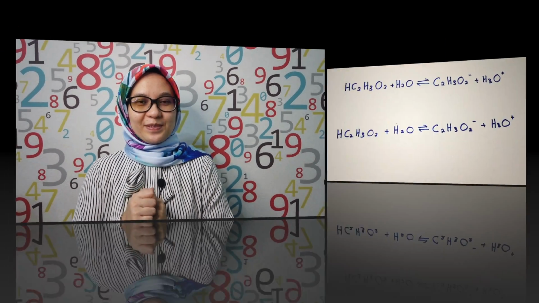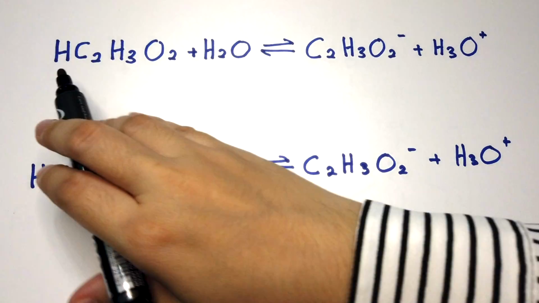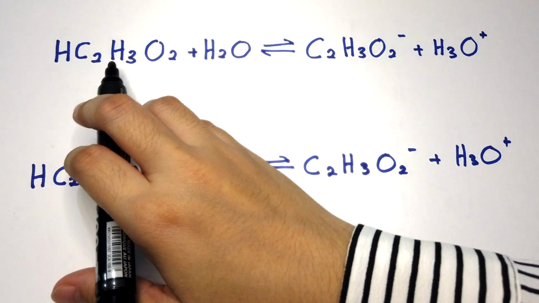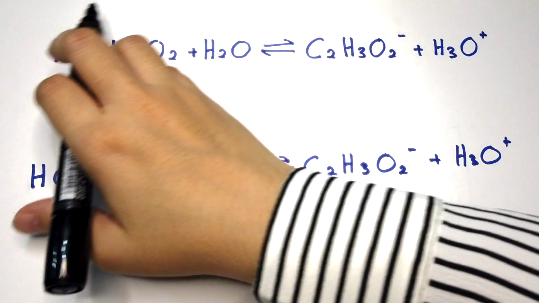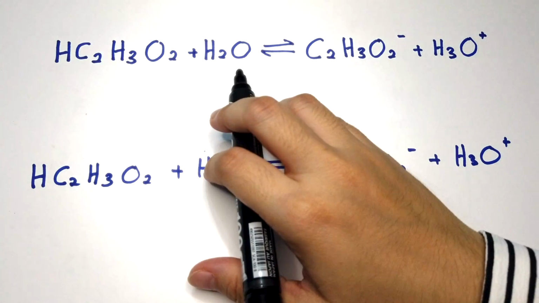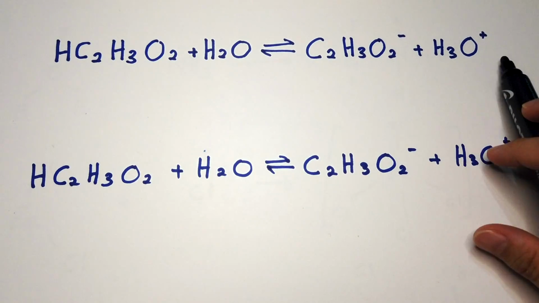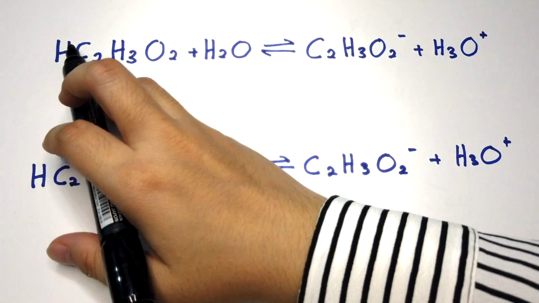Alright, so how are we going to explain more? I'm going to show you in this video. For example, in this question, if you can see the first one, HC2H3O2, this will react with the H2O. Let's look at the product. You will have the H3O+, and you will miss one hydrogen from here.